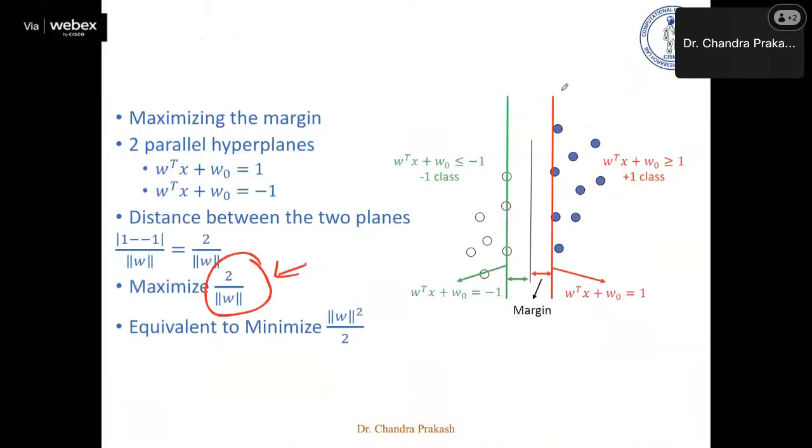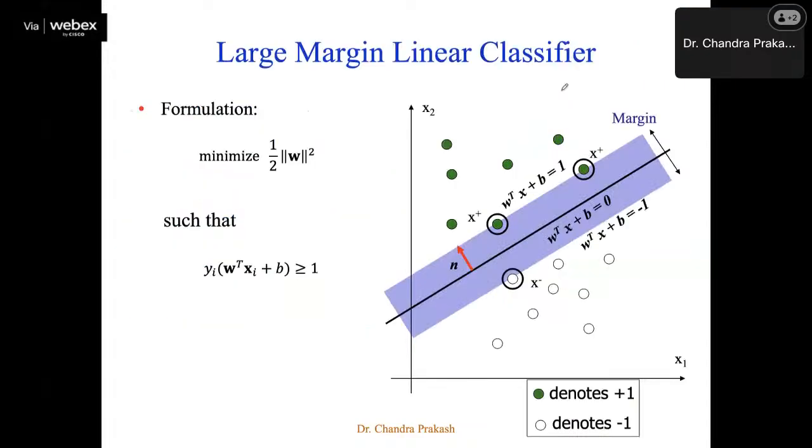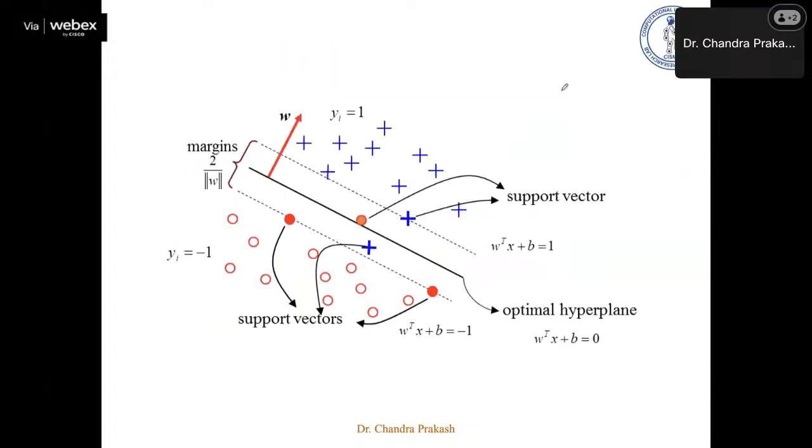So we try to solve the constrained optimization problem using duality, the dual optimization algorithm. This is what I was talking about: the margin over here is now 2 by W, considering that this is my optimal hyperplane with the two planes h1 and h2.